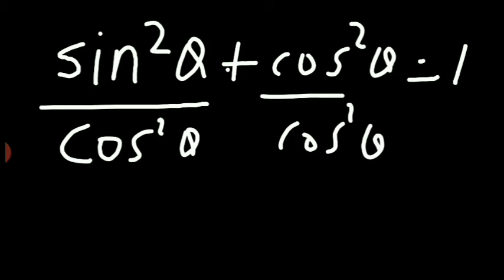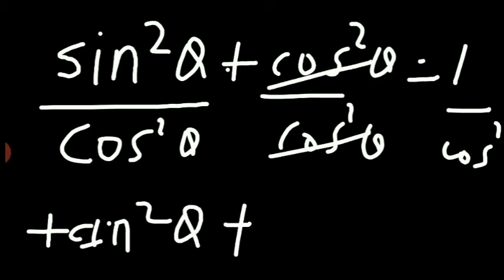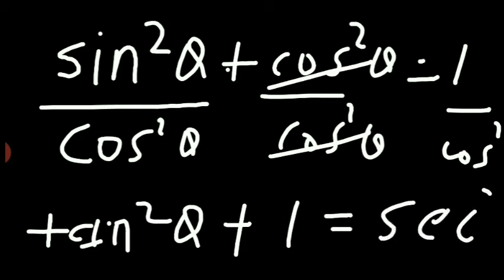So sin upon cos we know very well, it is tan square theta, and plus, the cos cancels, 1, and 1 upon cos square theta is equal to sec square theta. So it is the third identity.